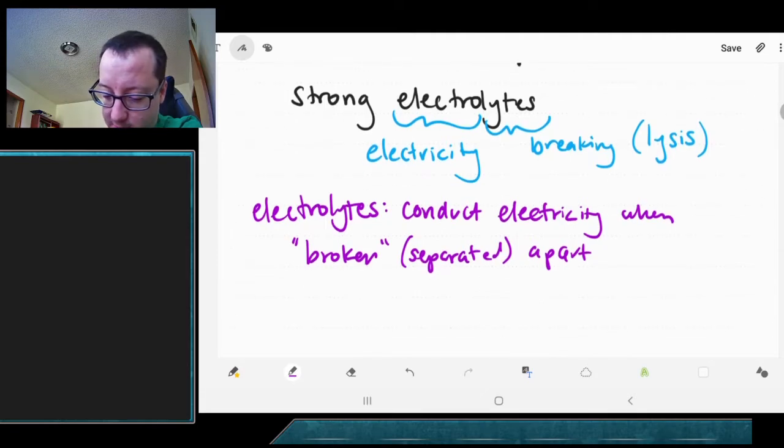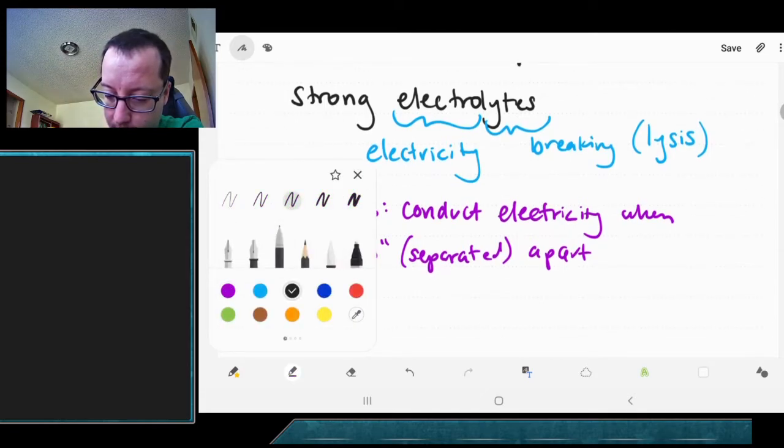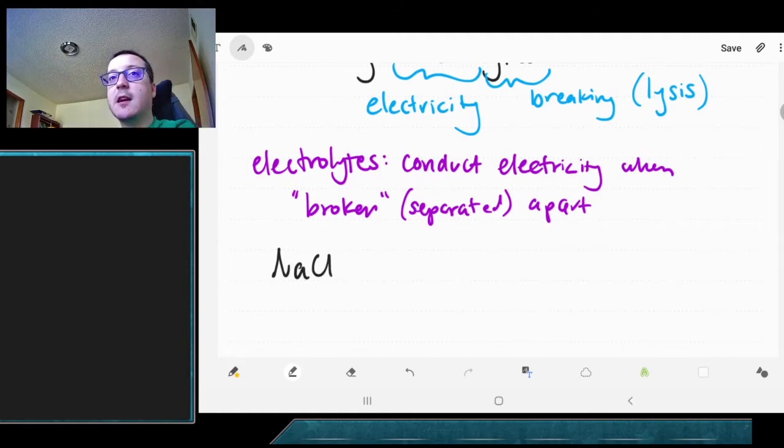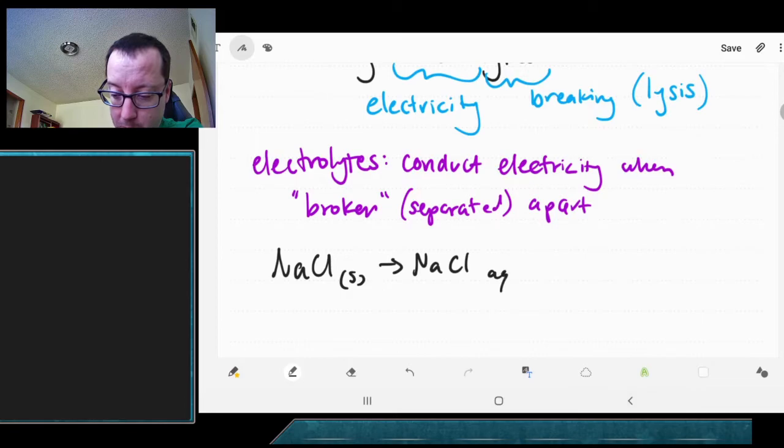So if we take some sodium chloride, we're going to see that if this dissolves, we would write it as aqueous, right? Dissolved in water. Remember, that's what aqueous means.